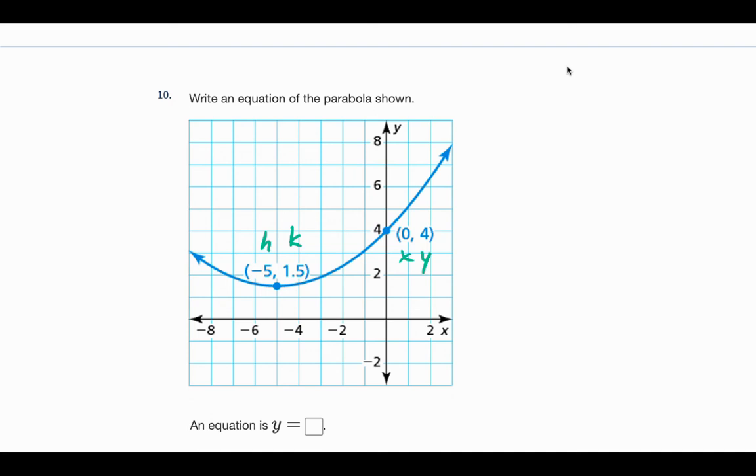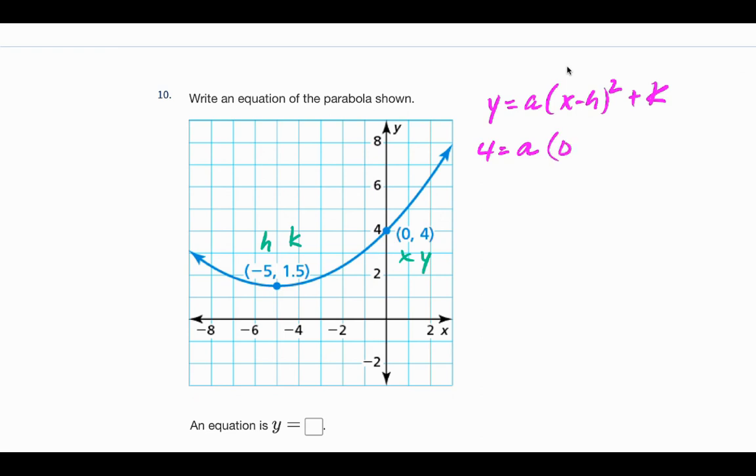vertex form. Again, the formula for our vertex form is y is equal to a times x minus h squared plus k. Again, we're going to plug in what we know. Our y is 4. Our a, that's what we're looking for because we know our x is 0.